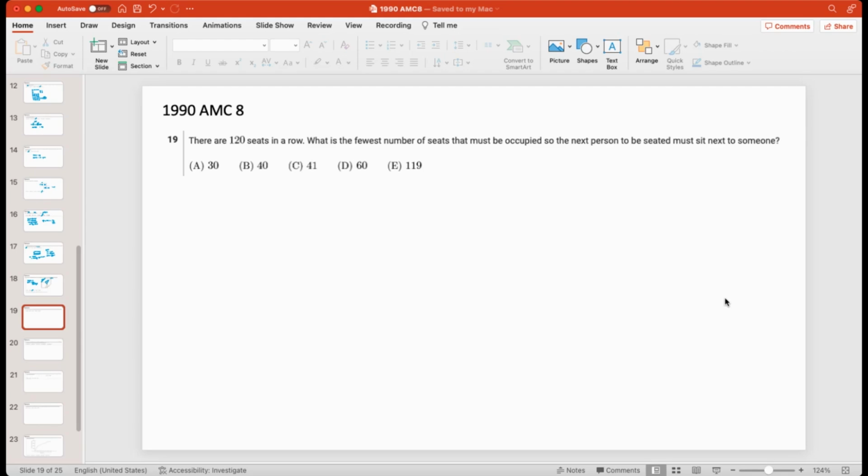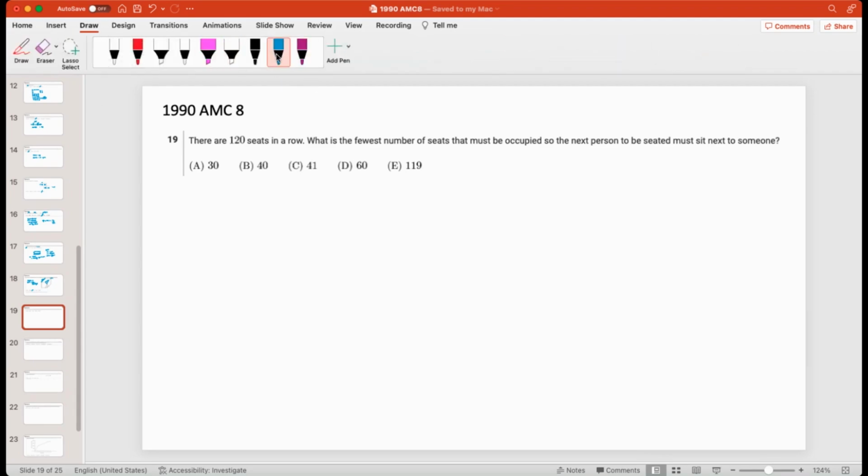So for this, I'm going to say I have two seats empty, and then I'm going to fill two seats with people, right? Then I have two seats empty, then the next two seats with people.